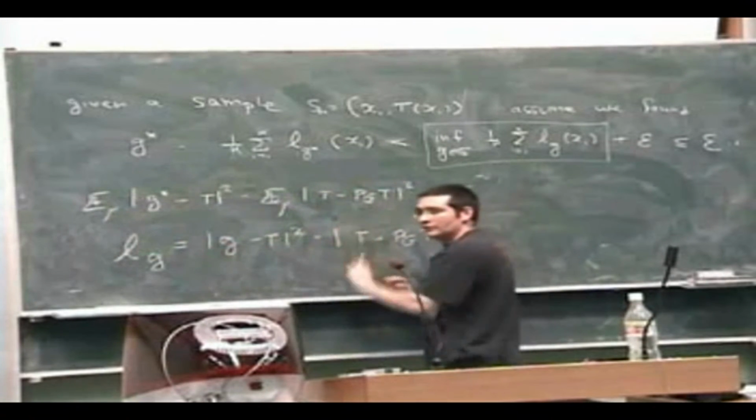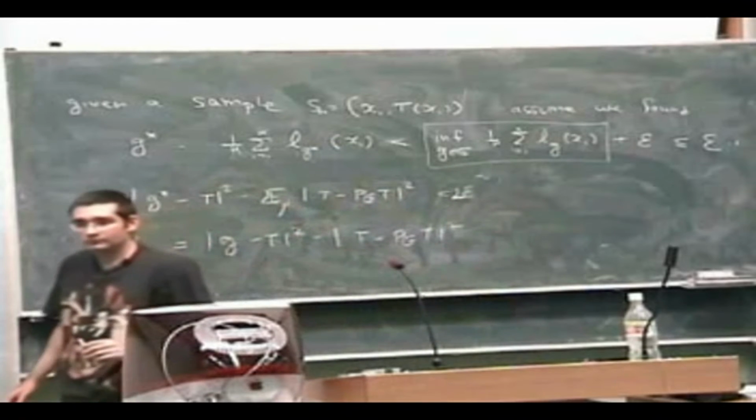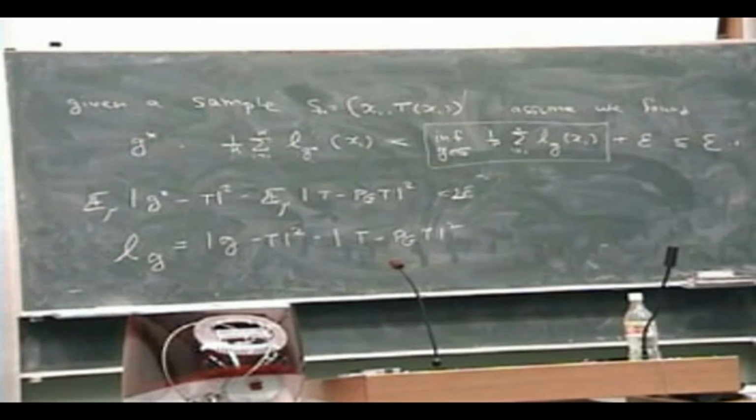Now, assume that one over n sum i equals 1 to n of f at xi is less than epsilon. Does it mean that the expectation with respect to mu of f is less than 2 epsilon? After you forget everything I told you, this is what it boils down to. This is the question you want to answer.